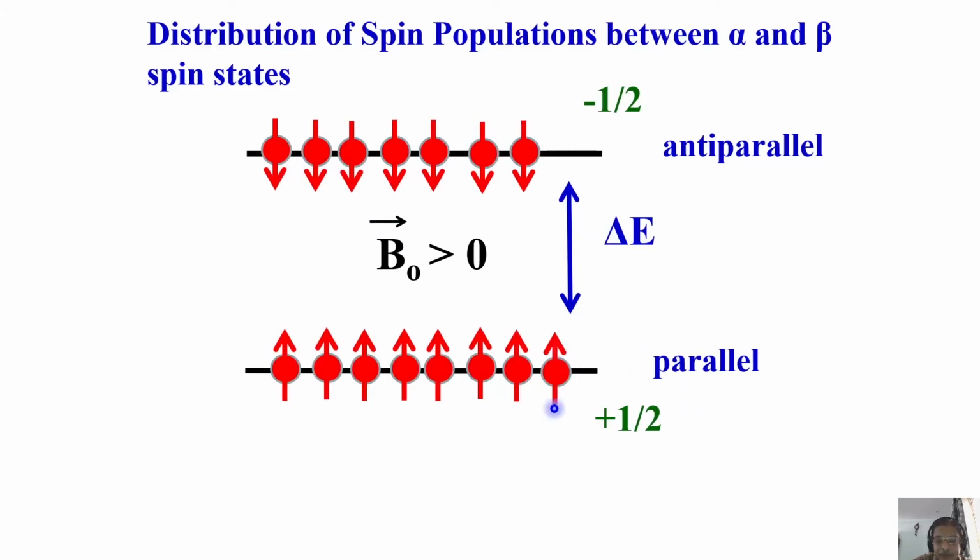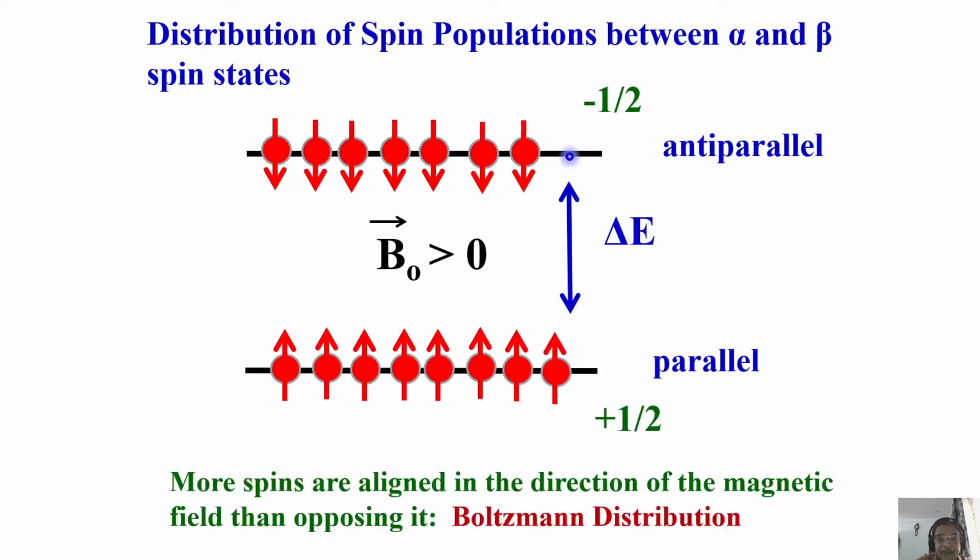Alpha state is plus half, beta state is minus half, parallel or anti-parallel orientations, and I calculate the delta E. Now, the Boltzmann population tells me there are more spins aligned in the direction of the field than opposing it. That is the definition of Boltzmann population distribution.